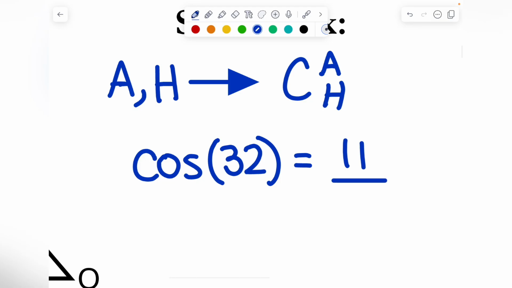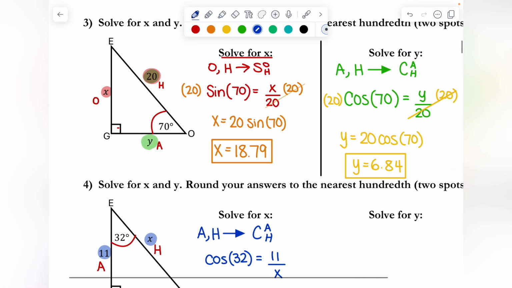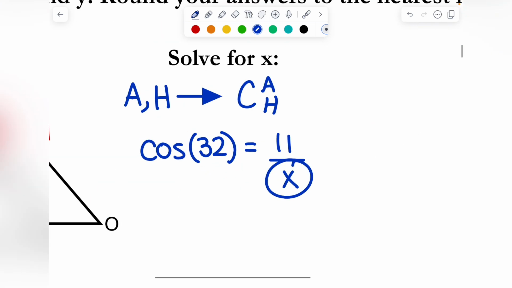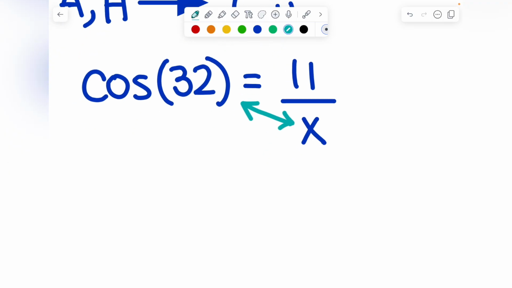Now, we talked about this in class, and there's a trick. So up here, when I was solving, the number was on the bottom of my fraction, but this time the letter is on the bottom of my fraction. So there is a trick, and I will show you in person why it works, but when the letter's on the bottom, the trick is to swap the places of the x and the cosine of 32.